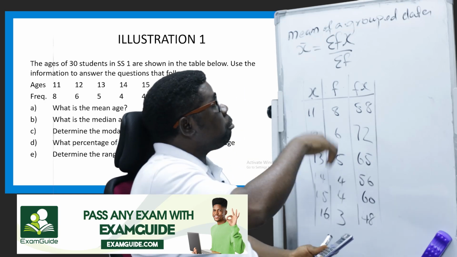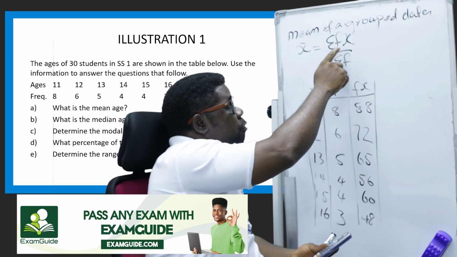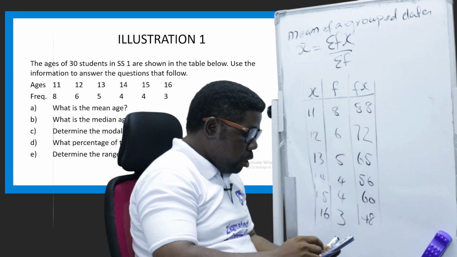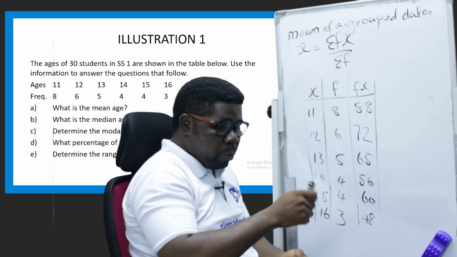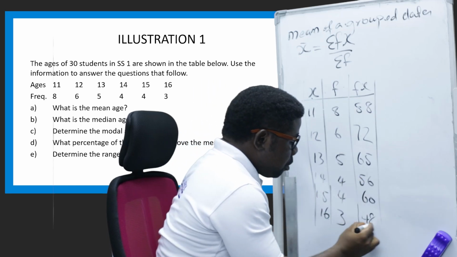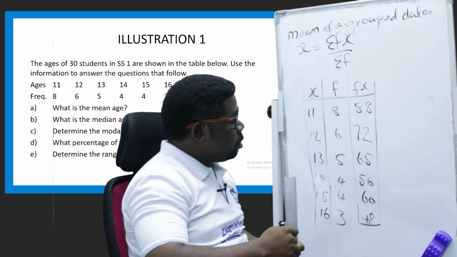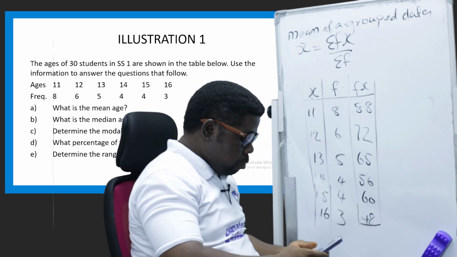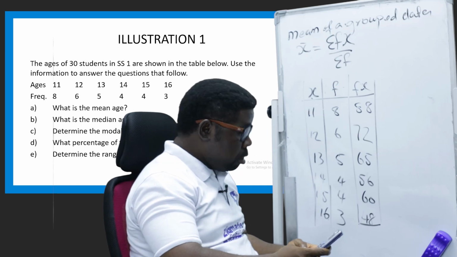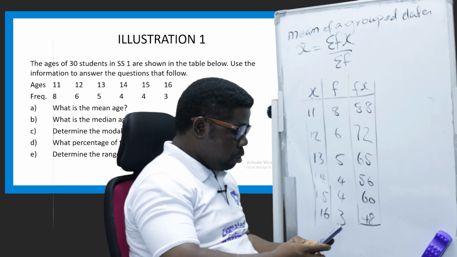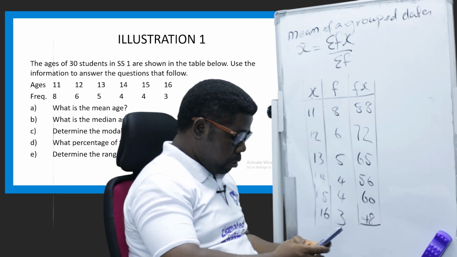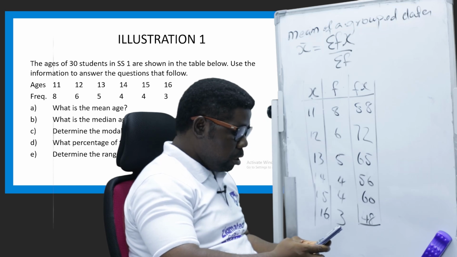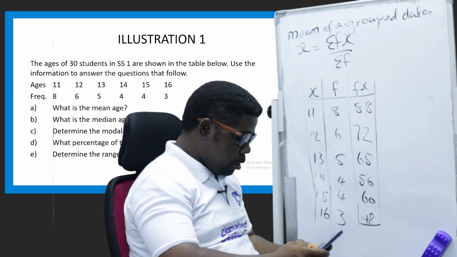So we sum, because we need the summation of fx. The summation of f times x will give us a value to divide by the summation of f to give us our mean. So we add all this up. What do we have? 88 plus 72 plus 65 plus 56 plus 60 plus 48.